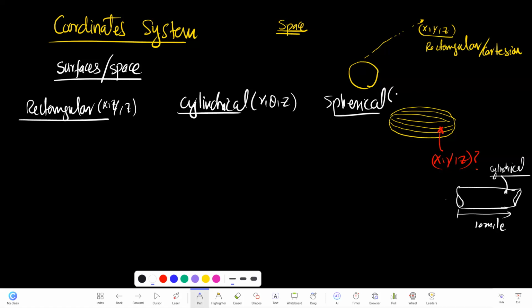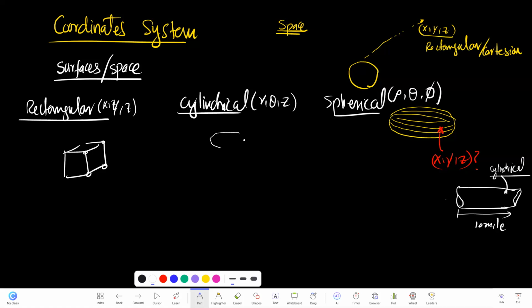So that's where spherical coordinates come in, and spherical coordinates have rho, not r. I told you already the difference between r and rho: rho is used for 3D shapes. Then there's theta, and there's another one, phi. A rectangular coordinate is usually a square or cube where you pick the corner.